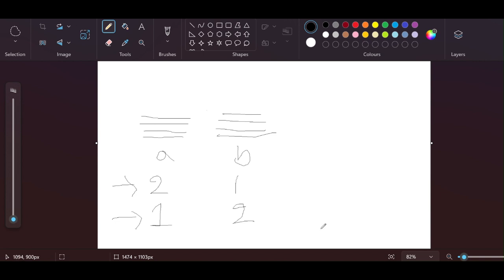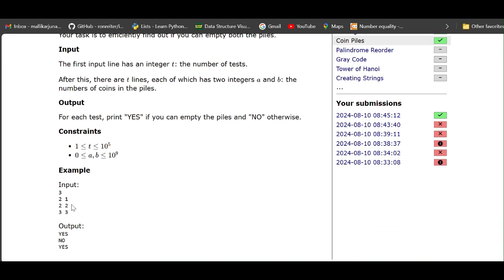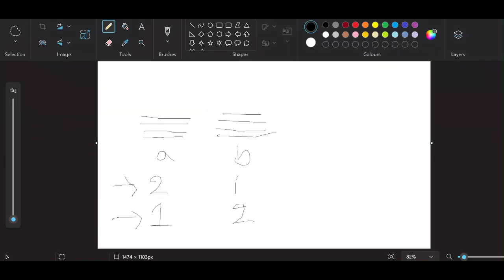So let us see an example. Let's say the A coin pile contains only two coins and the B coin pile contains only one coin. We already have a condition: if we want to remove two coins from the A coin pile, we have to remove only one coin from the B coin pile.